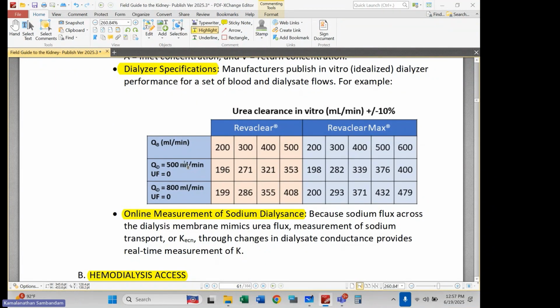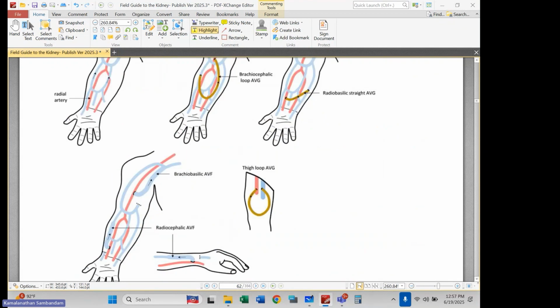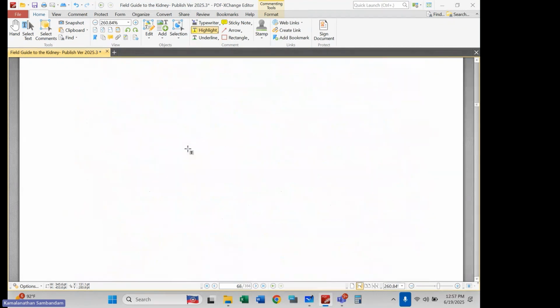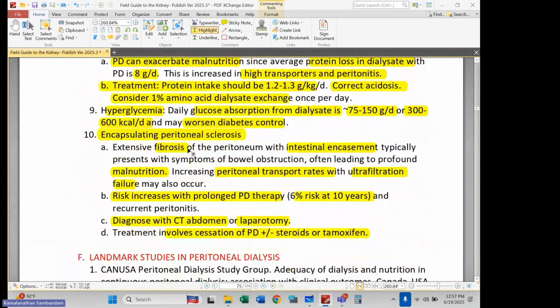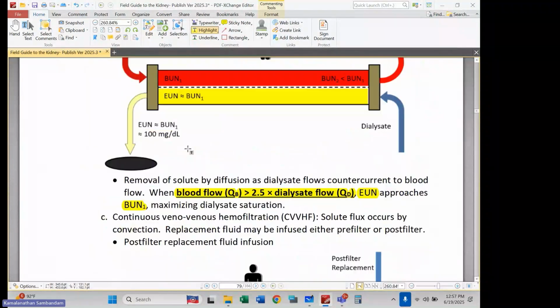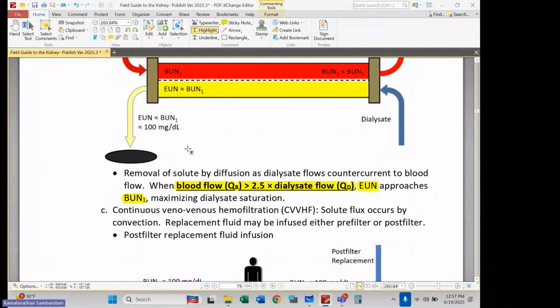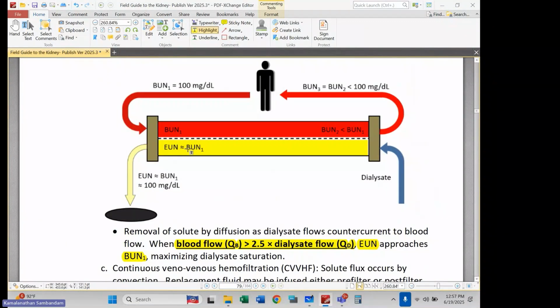When dialysate flow rate is 500 and blood flow rate is 200, you can see that my urea clearance is essentially approximating my blood flow rate. Now, the flip is true with CRRT. We're trying to get a blood flow rate that's faster, 2.5 times my dialysate flow rate. And when you do that, your urea clearance approximates my dialysate flow rate, okay?